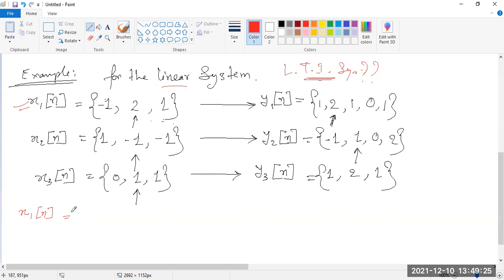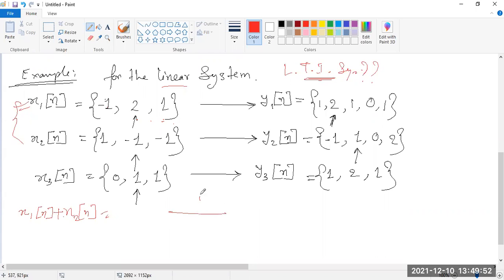First we have to sum. We are going for x1 and x2, that is the summation. So if we sum this portion, what will you get? Look, the origin is the same.